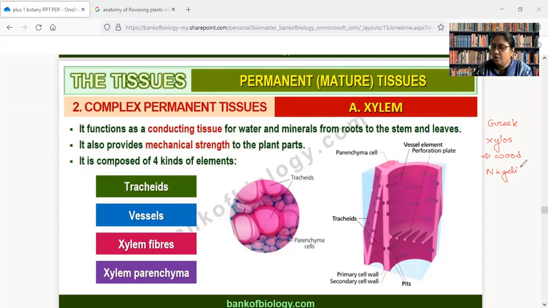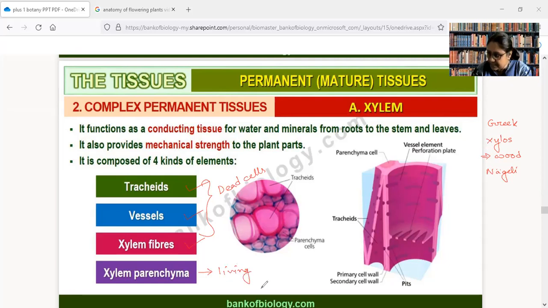Now let us know the details of these elements. See, xylem is basically a dead tissue. It's not a living tissue. The components like trachea, vessel, and xylem fiber, all three of them are made up of dead cells. Only xylem parenchyma is living in xylem.